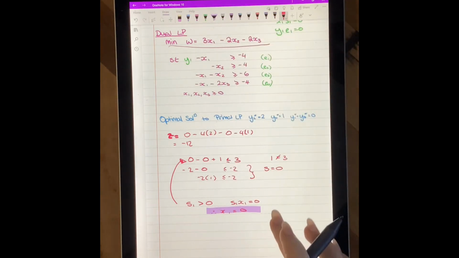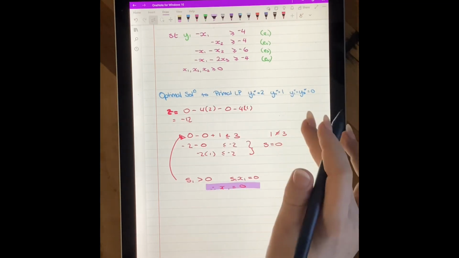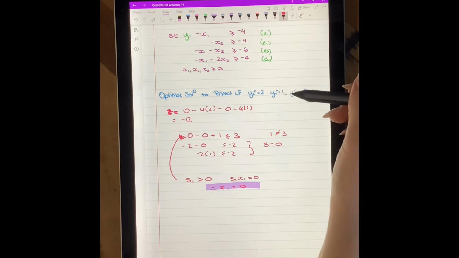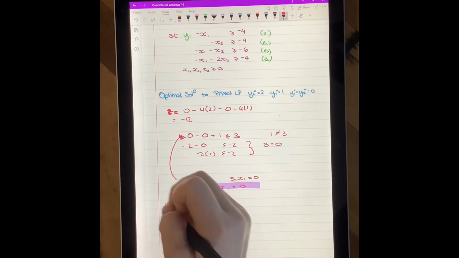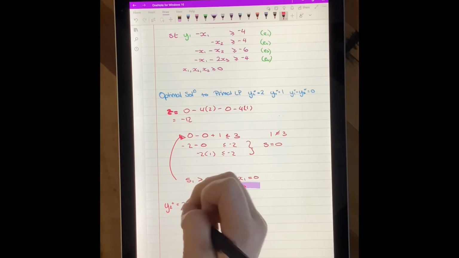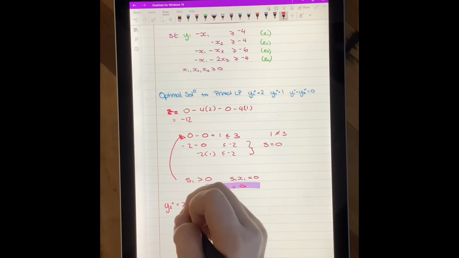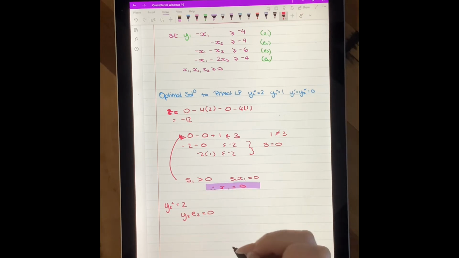Okay. And then because we have the optimal solution here, we know that for y2 equals 2, y2 times e2 has to equal 0.